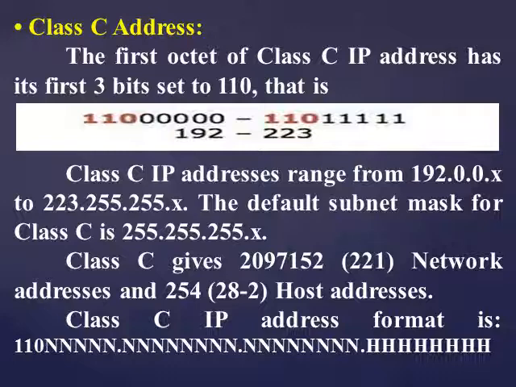The default subnet mask for class C is 255.255.255.0. So class C gives 2 raised to 21 network addresses and 2 raised to 8 minus 2 host addresses. The representation of class C IP address format is network.network.network.host, out of which the first 3 bits are set to 110.